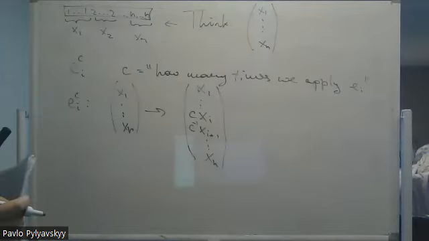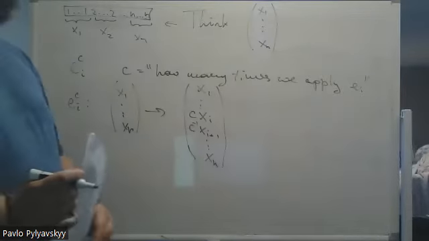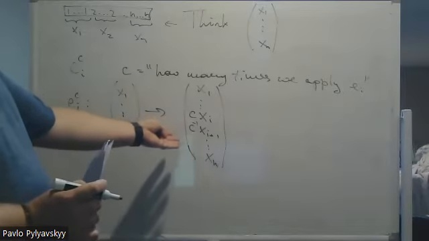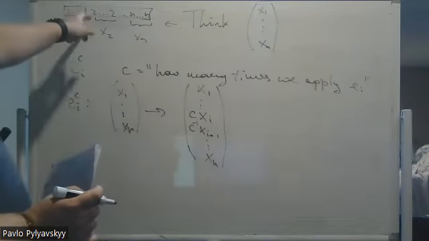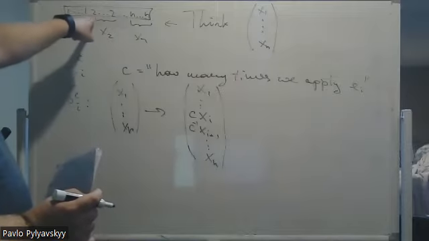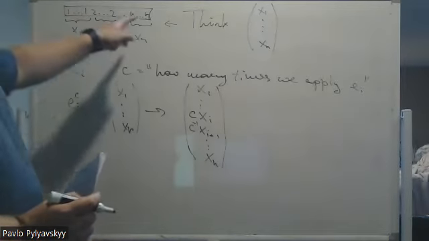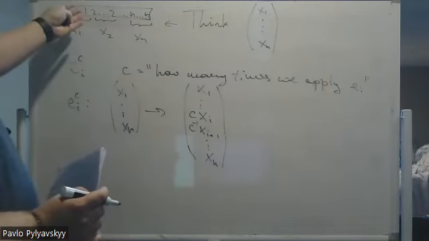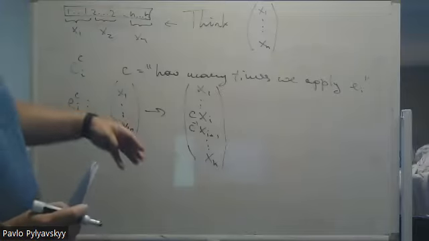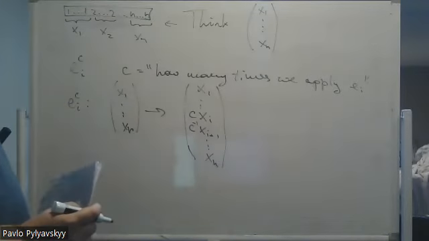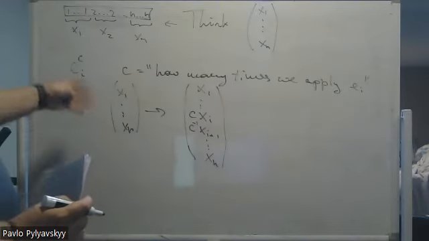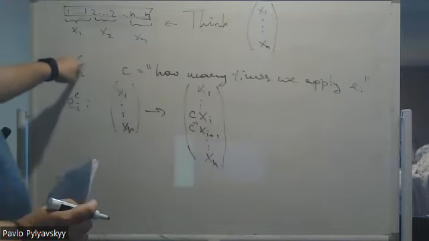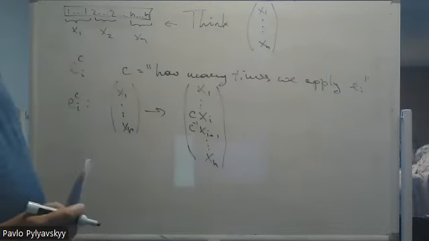And you should be able to see why this is an action, right? What did the crystal operator do over here when we act by e_i on the piecewise linear single row? It just changes some i's into i plus ones or i plus ones into i's. And how many of them? Exactly as many as the number of times as we act by the crystal operator.